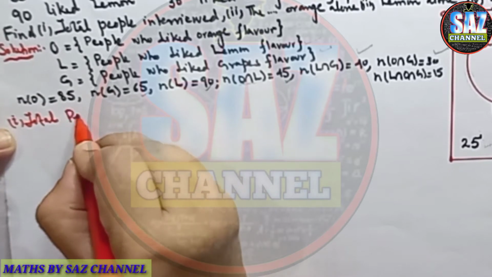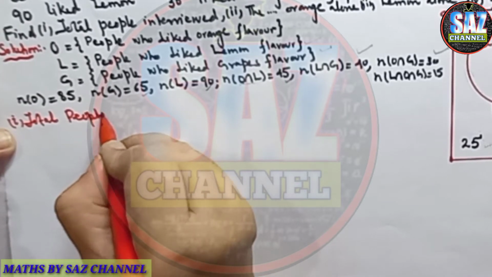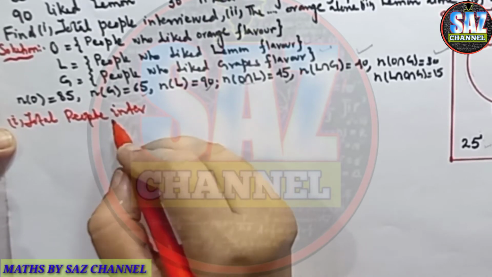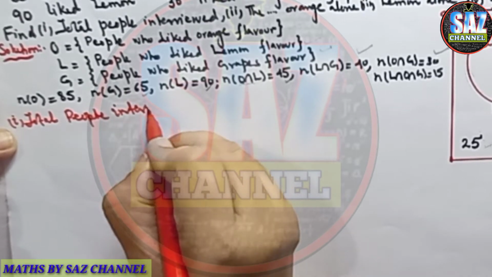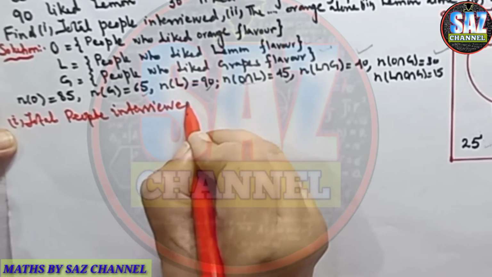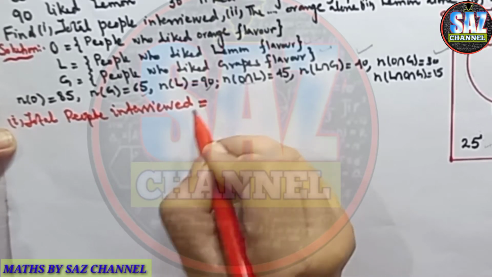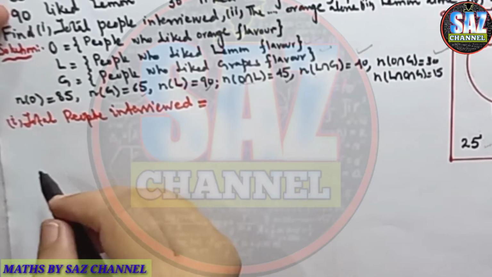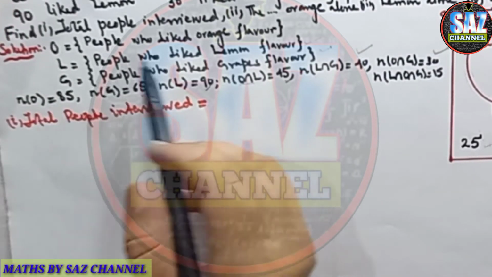Total people interviewed will be equal to the number of elements of O union L union G, total people.